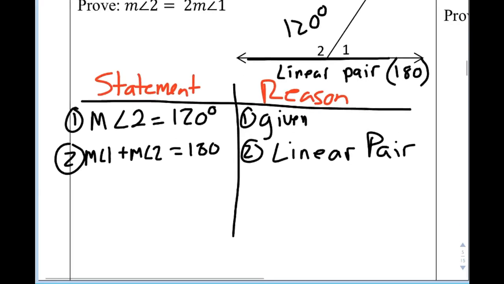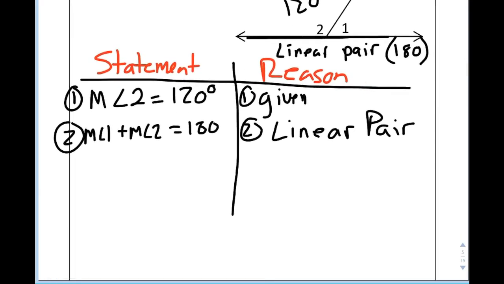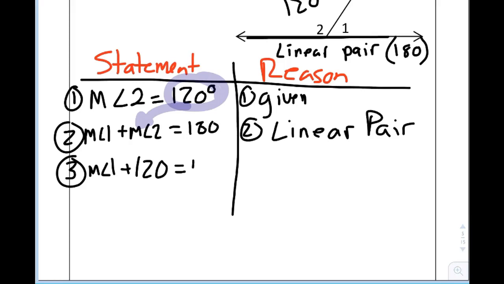Okay, we know that those two things will add to 180. I'm going to take the measure of that angle right there, 120, and substitute it for the measure of angle 2. I know the measure of angle 2 is 120, so I can say the measure of angle 1 plus 120 is equal to 180. Substitution.